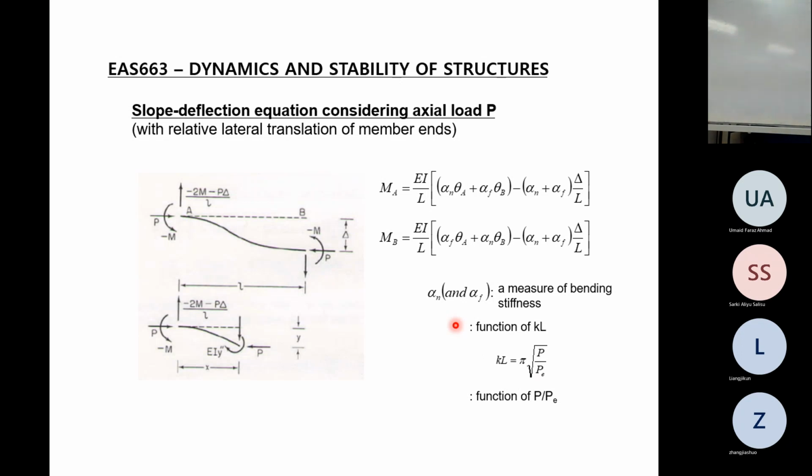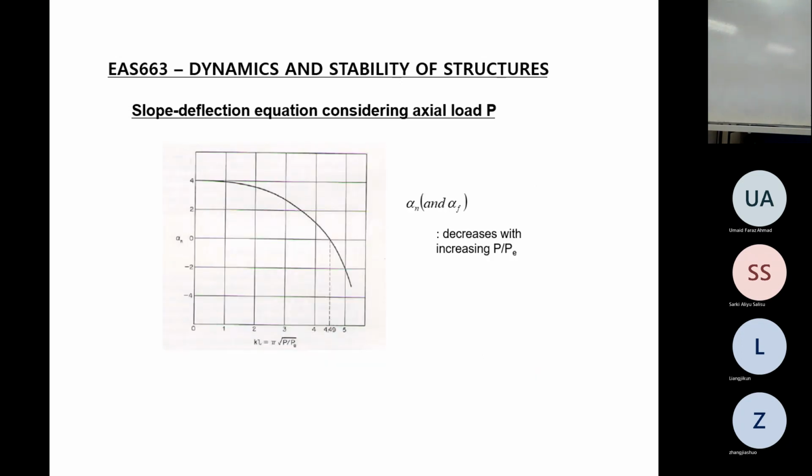This also I explained to you, how the alpha n varies when the KL changes, which is when P changes, P over P critical changes. It means that when the member is subjected to a higher and higher ratio of axial load, then the alpha n will decrease.